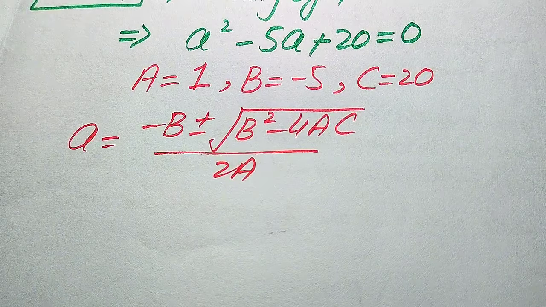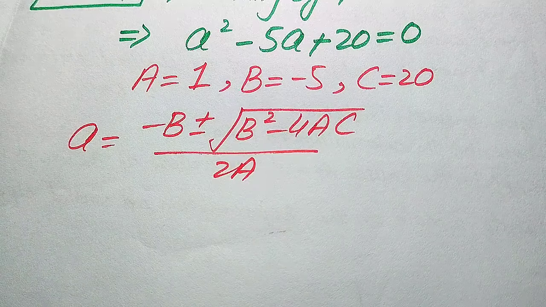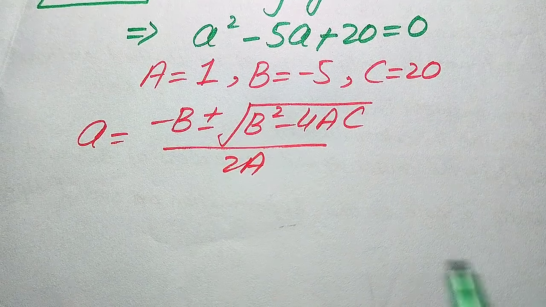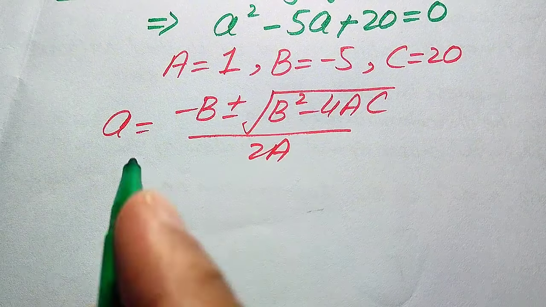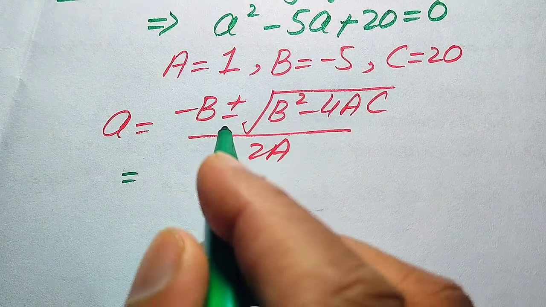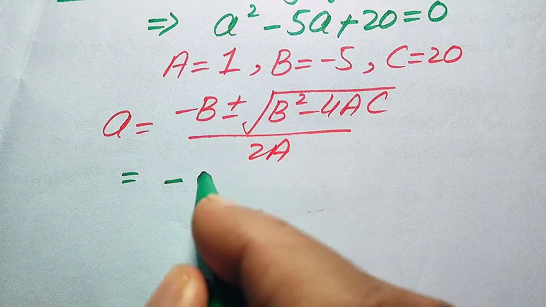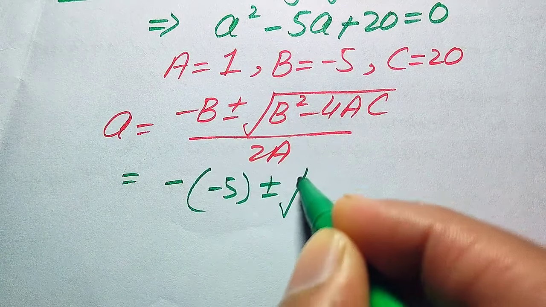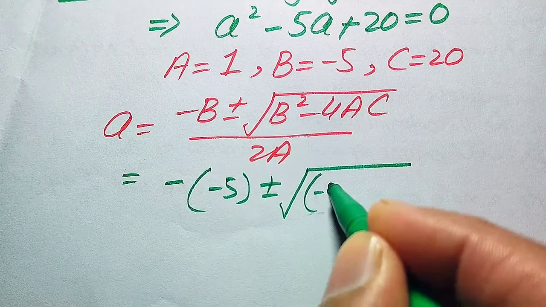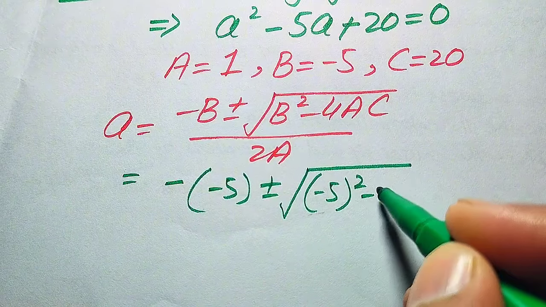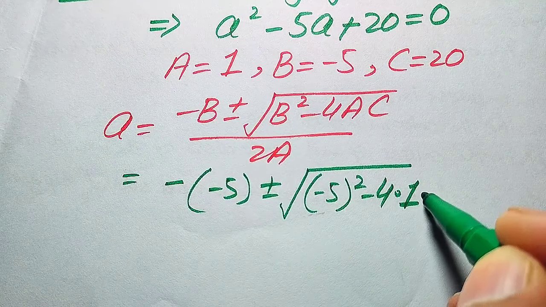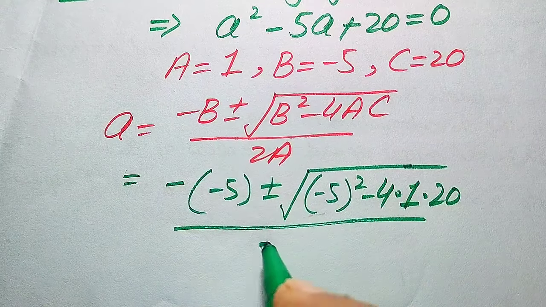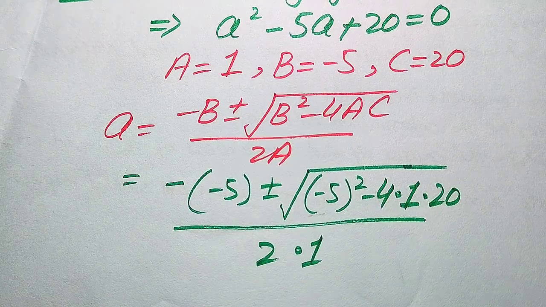So this is our nice algebraic formula. So here we need to substitute the values of a, b, and c. So when we put the values of a, b, and c, it will be written in this form. So here we have minus times of b, the value of b is -5 plus minus square root of b square. So b is -5 square minus 4 times of a is 1 and c is 20, and it is divided by 2 times of a.